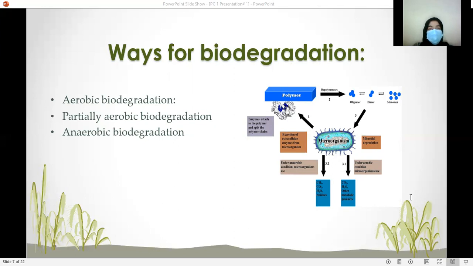Likewise, if we see the anaerobic breakdown of plastic, it decomposes to methane, carbon dioxide, water, and carbon residual plus biomass. These are the ways for biodegradation of plastic.